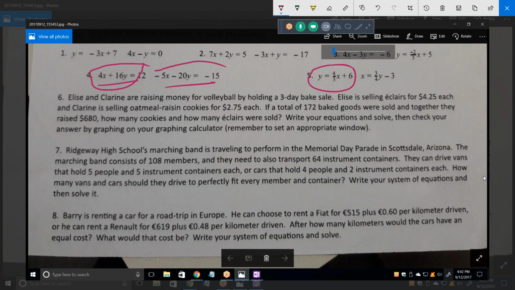You don't have it here. Those are both in standard format. I do not have x defined or y defined in either one of those. But over here, I have both y defined and x defined. So I can do this one of two ways. I could substitute x in for that x and solve for y, or I could do it vice versa. Either way.